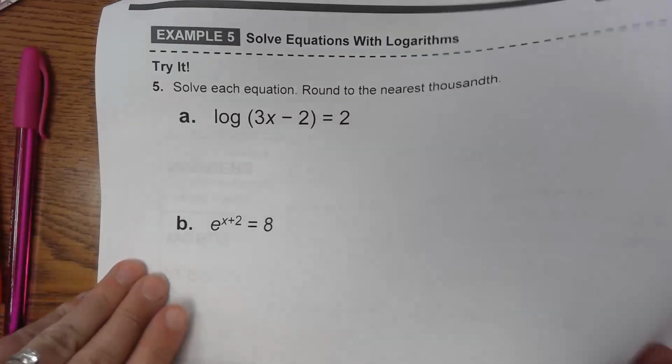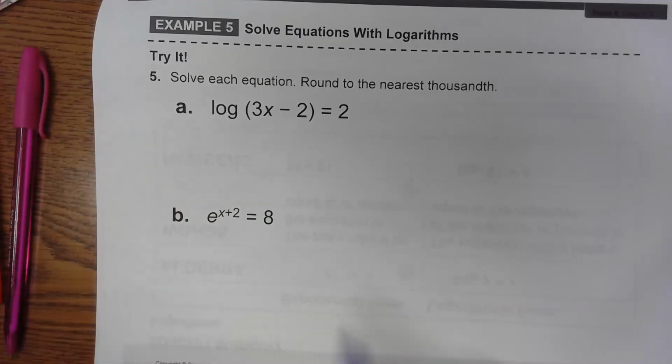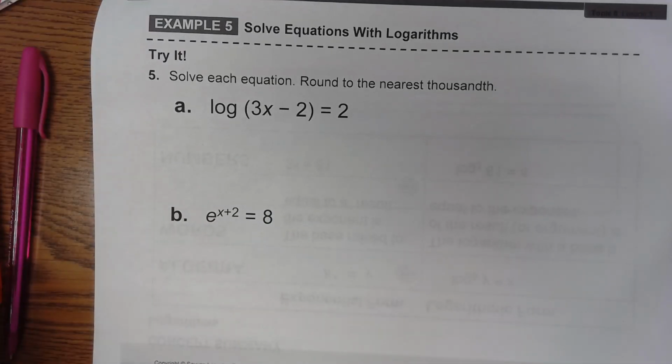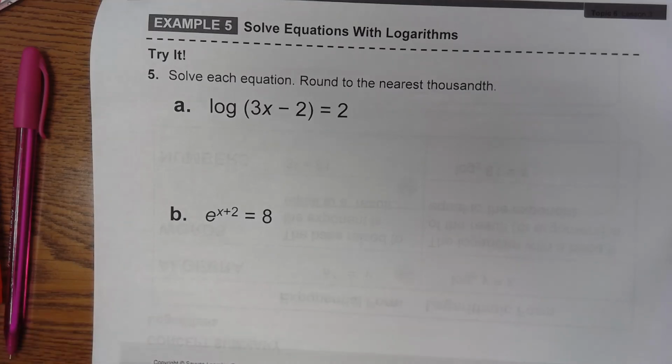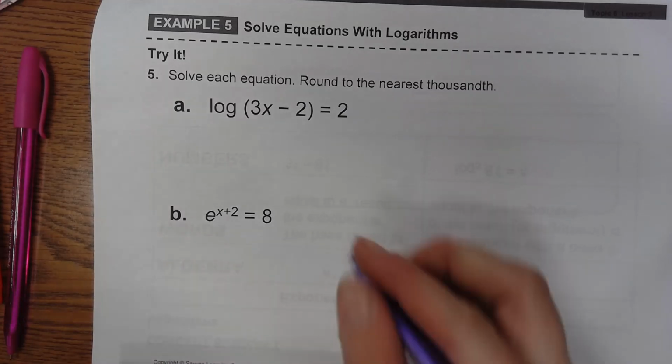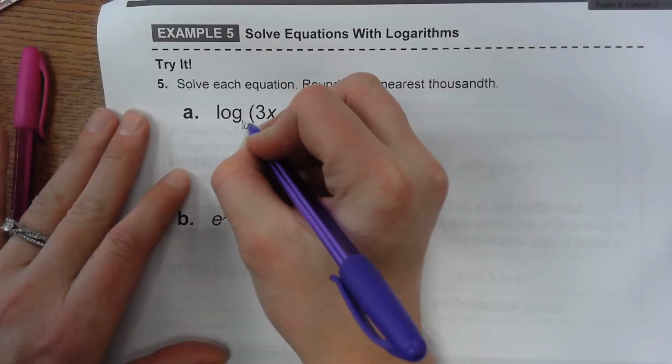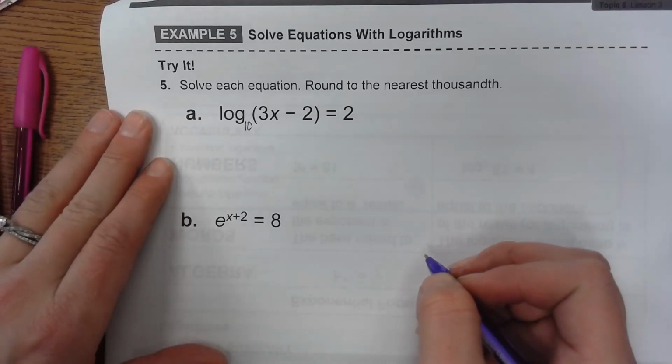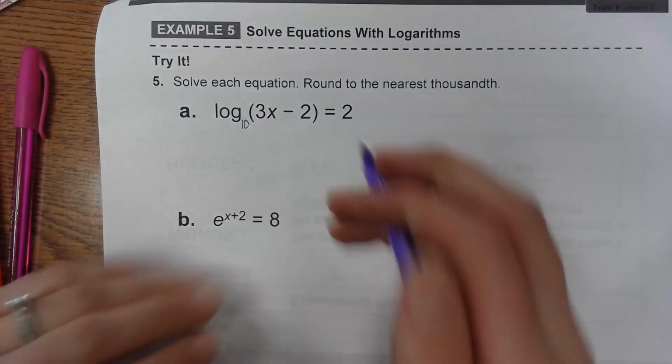All right, then last two. I want you to pause the video and see if you can solve these. All right, let's see how you did. Log, this is a base 10. If you weren't sure, that was log base 10.